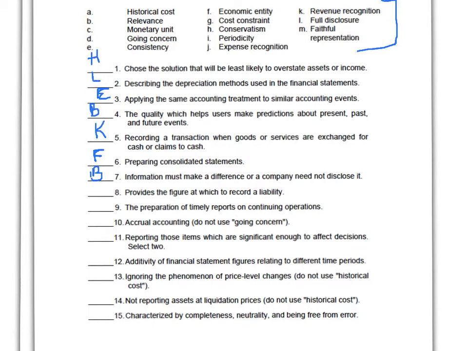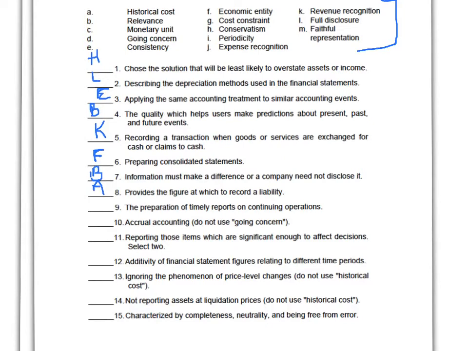Number 8 says provides the figure at which to record a liability. Well, we normally start out with historical cost, A, to record a liability. So if we get a loan for $50,000, we get some cash of $50,000, and that's our historical cost.